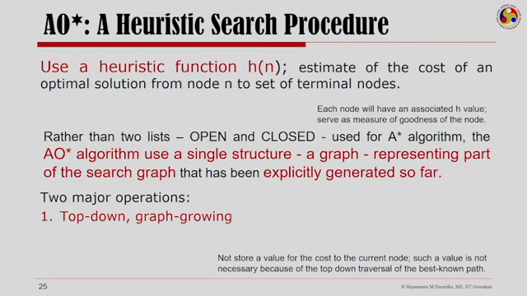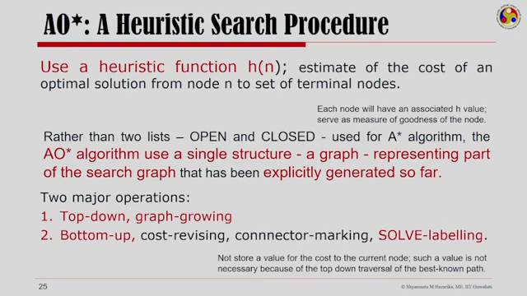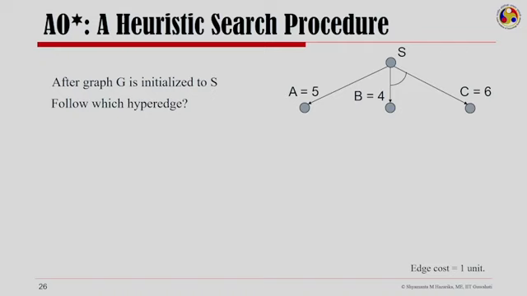One is the top down graph growing, where we get to the partial solutions, and the other is the bottom up cost revising, connector marking. If you remember from my explanation of the solution graphs, the solve labeling, we label which of the nodes are solved and get to the solution. So, let us look at an example here.